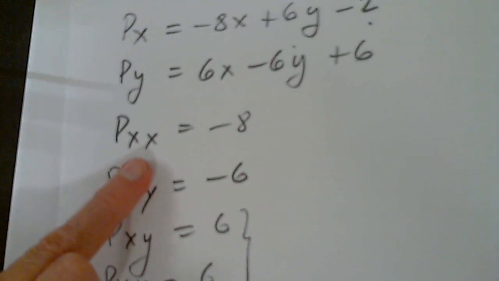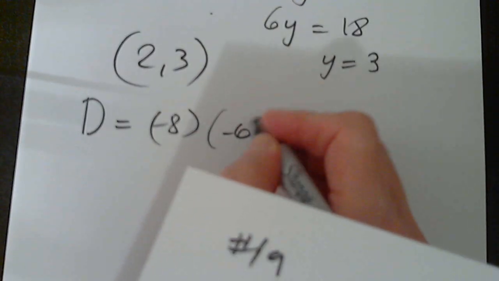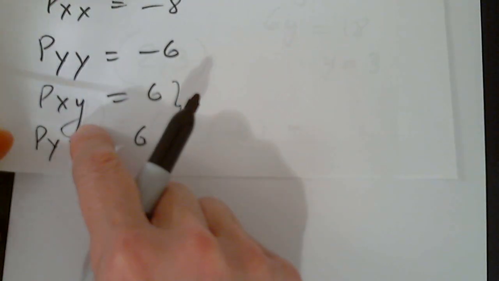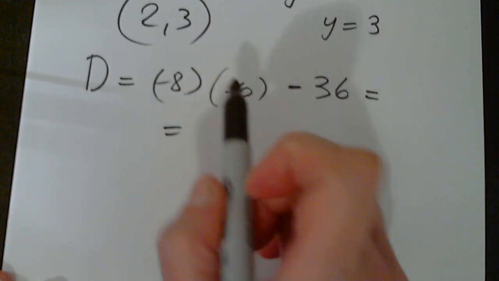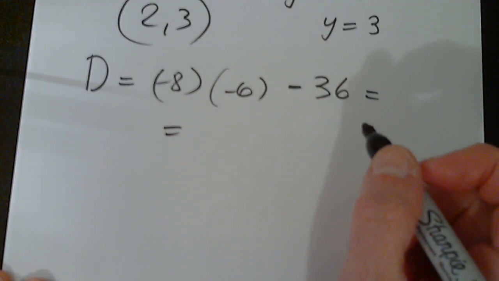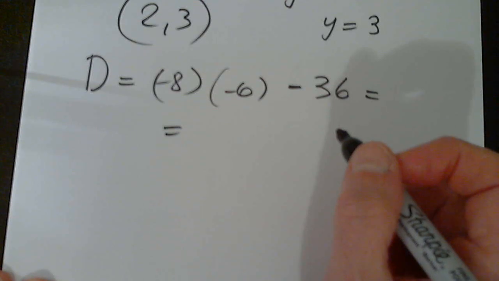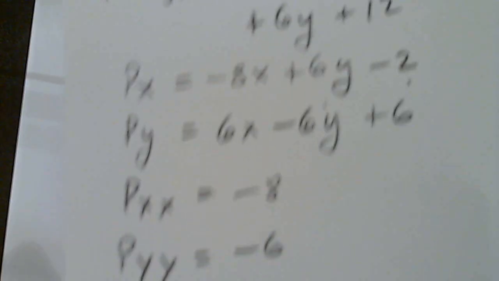Pxx at (2, 3), negative 8. Pyy at (2, 3), negative 6. Minus Pxy, 6 squared. So, what was it?